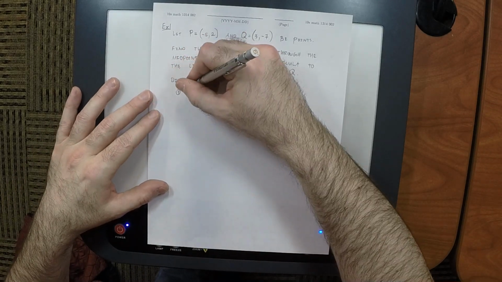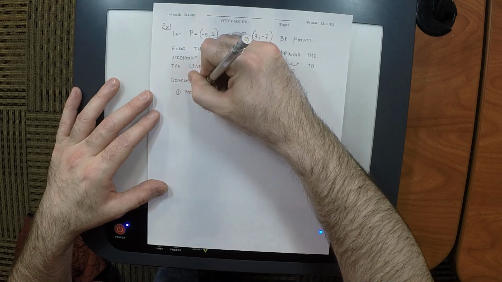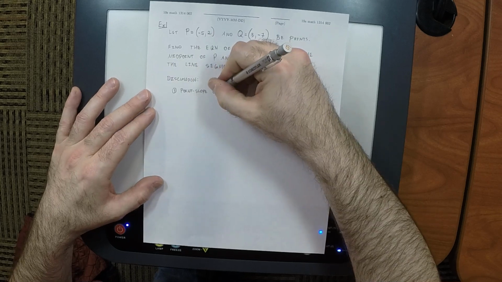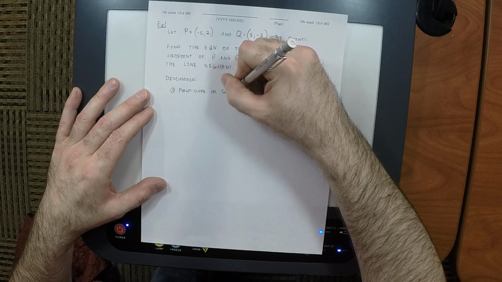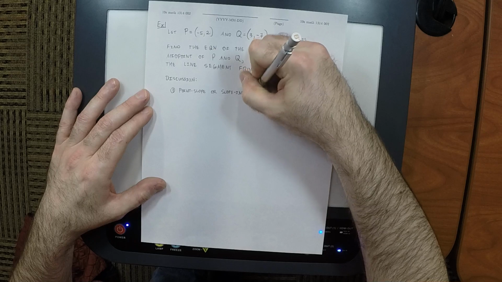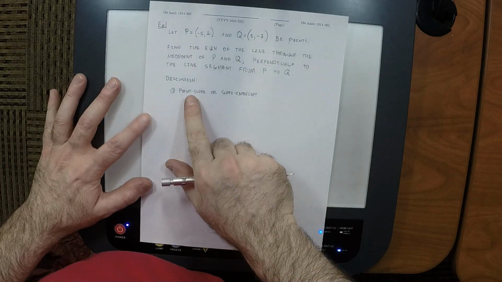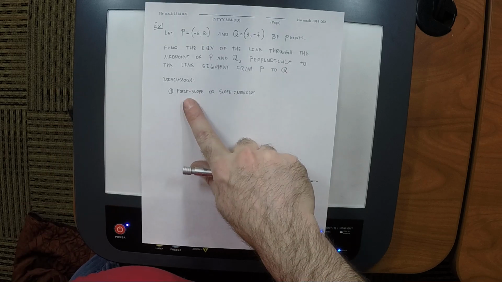One of them, the first one we learned, is the point slope formula. And the other one is the slope-intercept formula. And remember that the slope-intercept formula is really just a special case of this one.